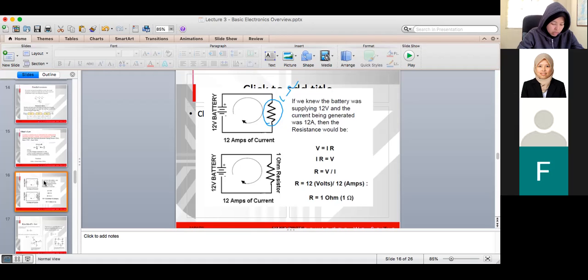V equals IR, so you want to find I equals V over R. So the current is 12 amperes, the same. Okay, if we know the battery is supplying 12 volts and the current being generated is 12 amperes, what is the resistance? The resistance will be 1 ohm. So you just use the Ohm's law, V equals IR.